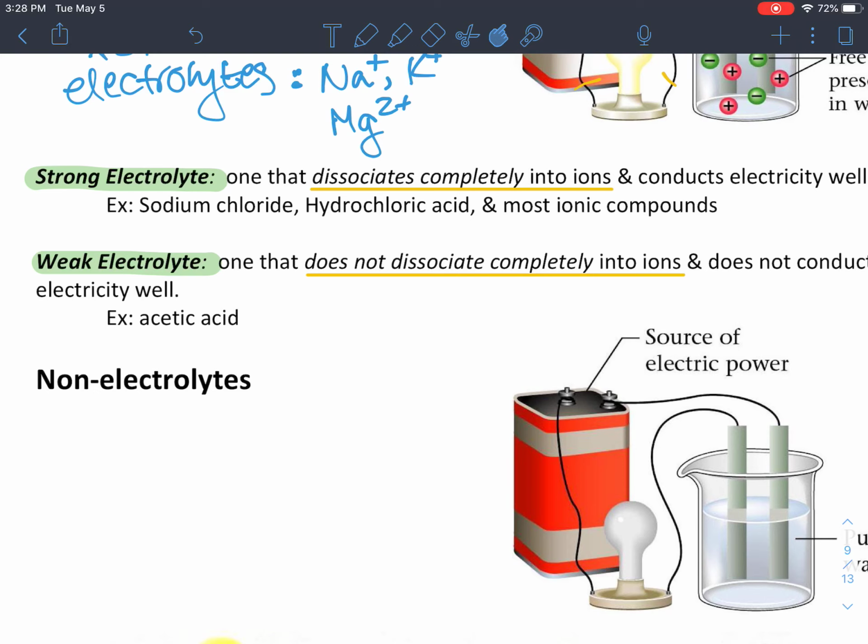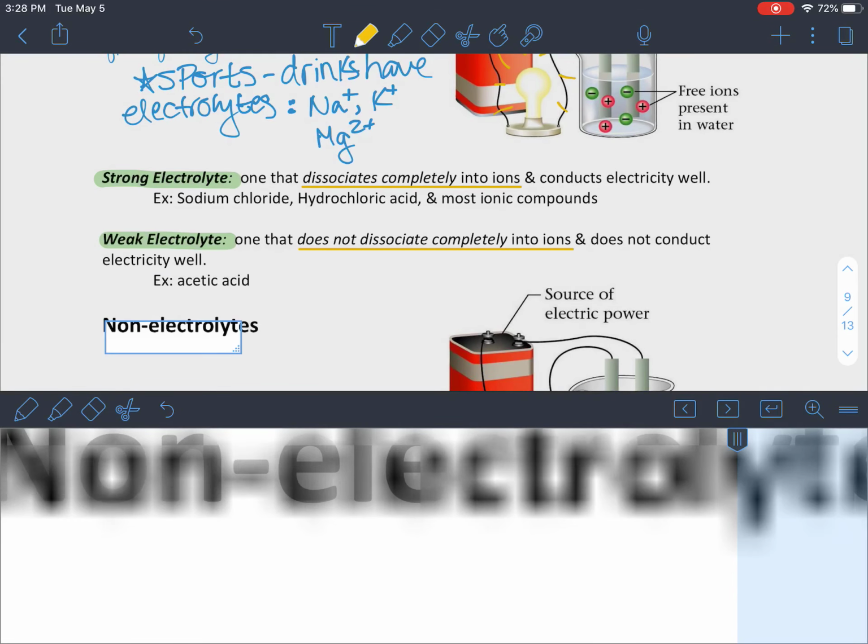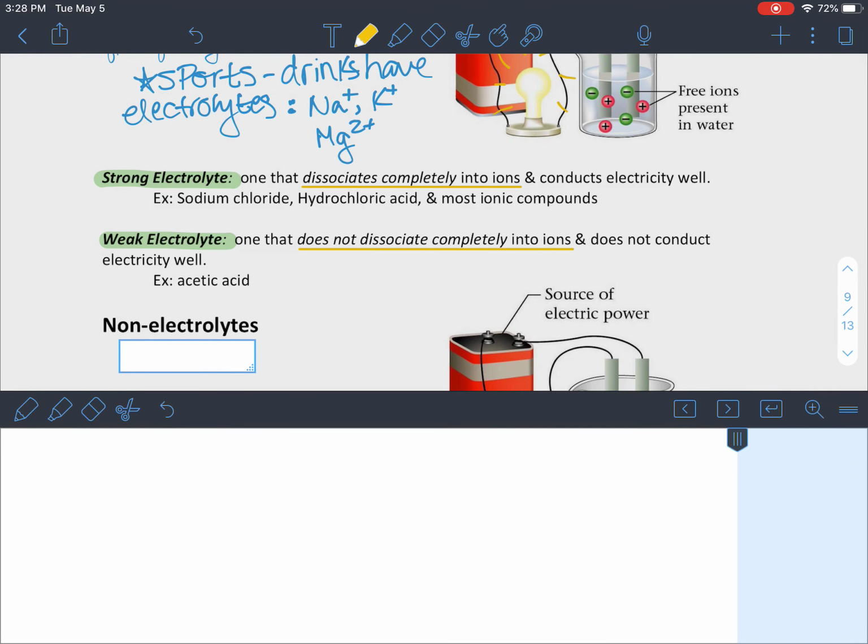Now, a non-electrolyte are substances that, when dissolved, do not allow electricity to flow. So we can write that down.